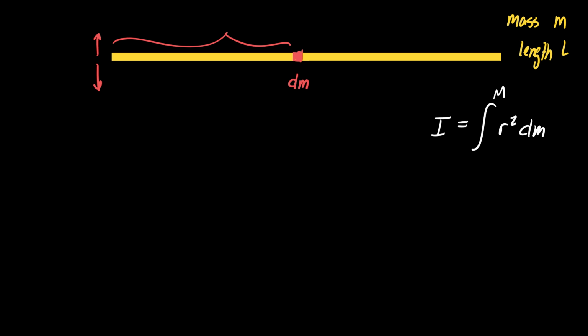I'm saying this because we have to decide whether we're going to treat this as a linear object, an area of an object, or a volume. And I think we can treat this as a one-dimensional object, that it's more one-dimensional than anything else. Does that make sense to all of you?